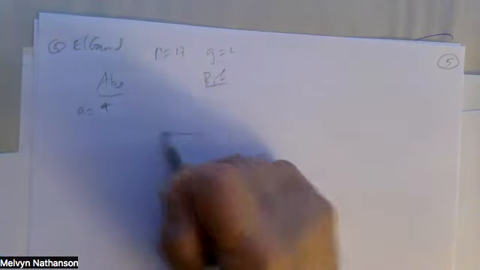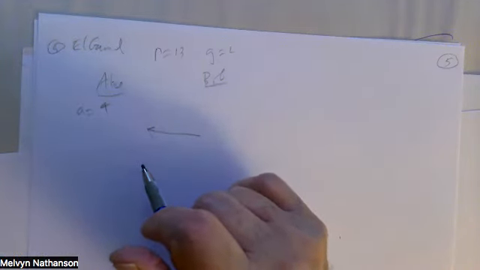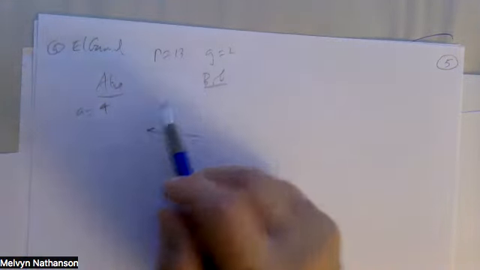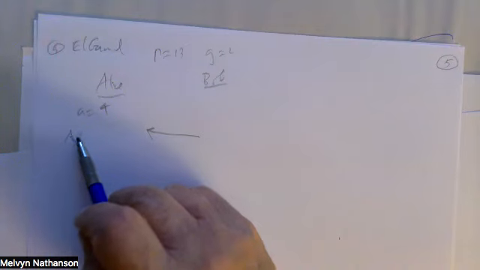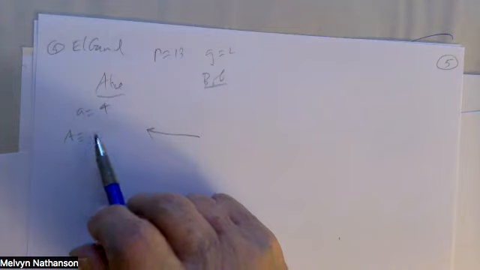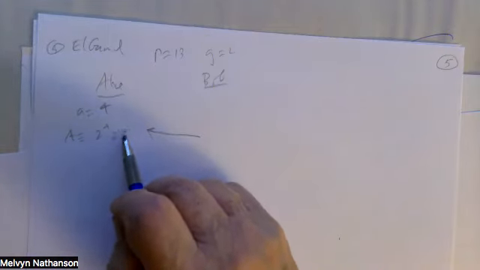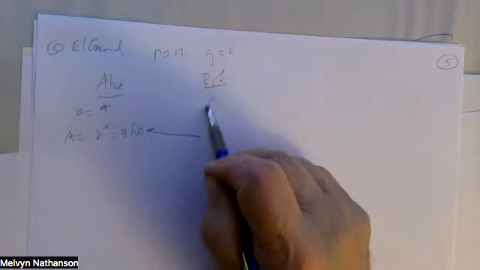The public key that Alice sends to Bob is 2 to the A, which is 2 to the 4th, which is 3 mod 13.